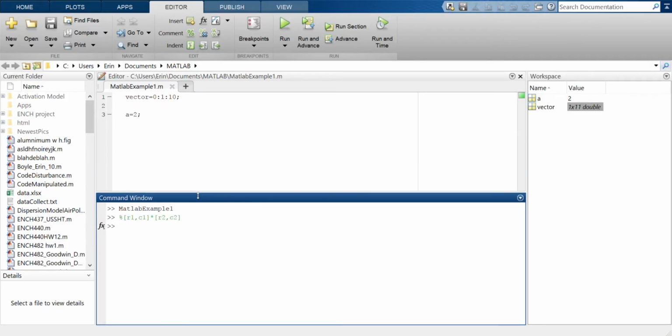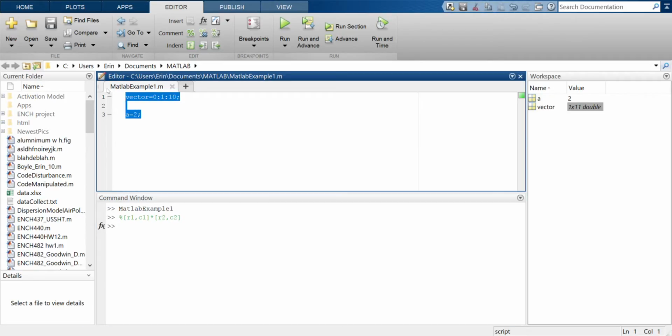So let's make a couple matrices. Let's say that A is equal to 2, 3, and then 5, 6. So that matrix is a 2 by 2 matrix. And then let's create B. B is equal to 5, 6, 7, 1, 2, 3, and 9, 5, 0.